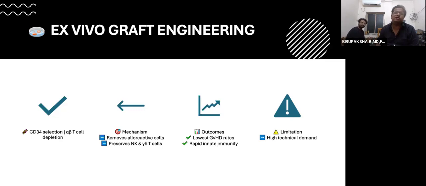At one point of time, you're going to have no GVHD, maybe. That's the ideal part. And we might have better success rates, of course, but it's still under the lens, so it's going to take a lot of time. That's how it is. Right.